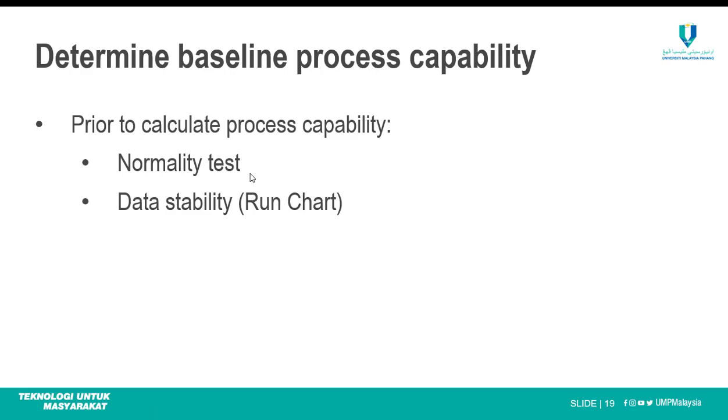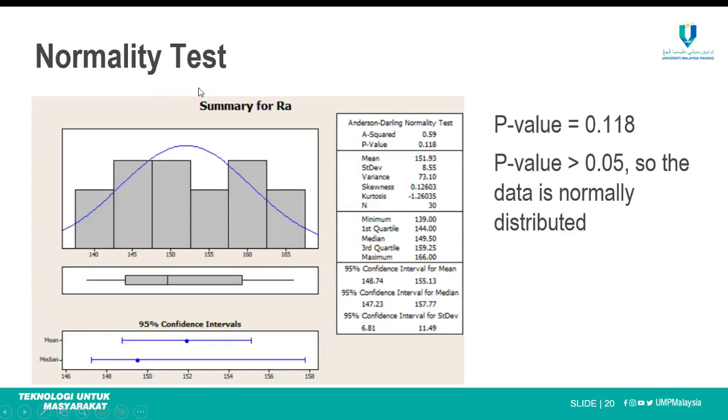In Six Sigma, the prior requirement before we can conduct any other test is to make sure that the data is normally distributed. So we conduct the normality test. In this example, we can use Minitab software.